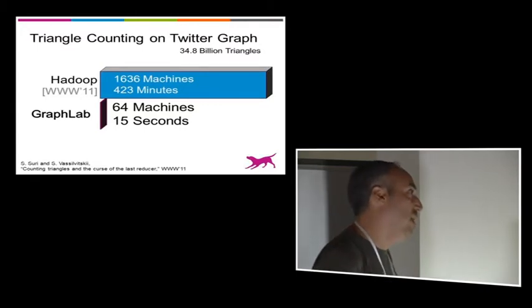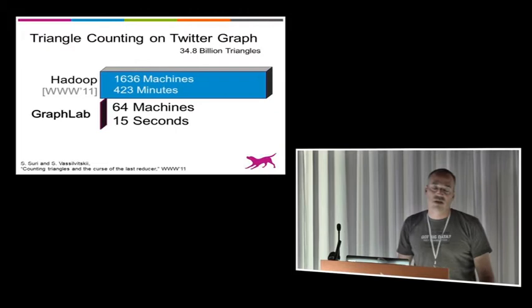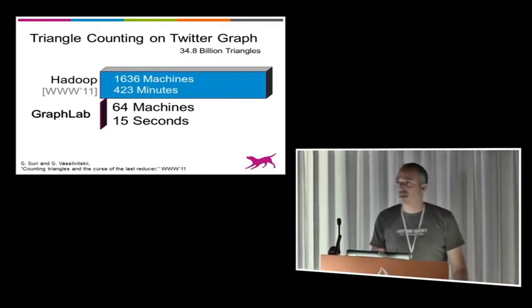We used the same data set and the same algorithm. We get the exact same results, but we do it far more efficiently. It's not the exact same hardware, but we are still orders of magnitude faster. The reason is that GraphLab is a framework much more appropriate for this kind of iterative computation on graphs.